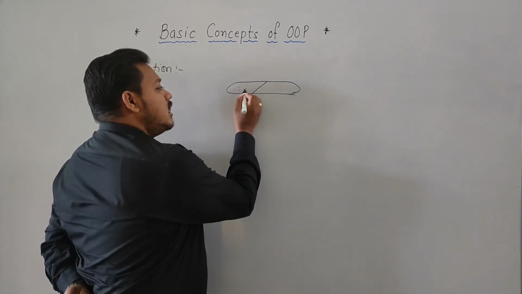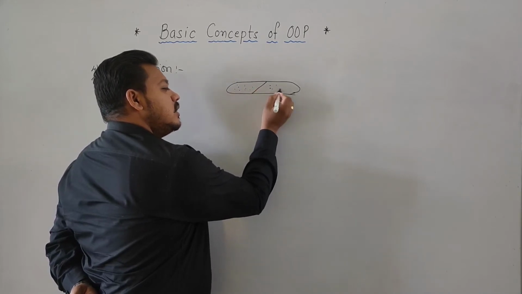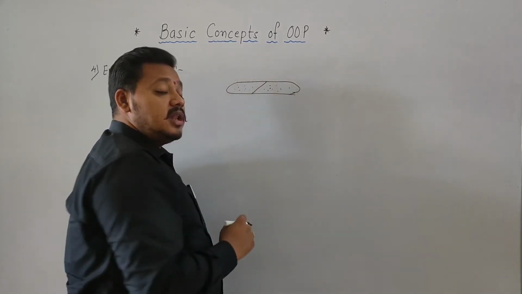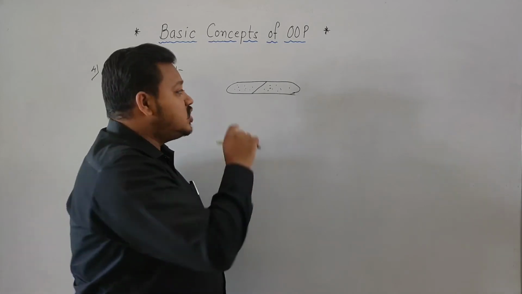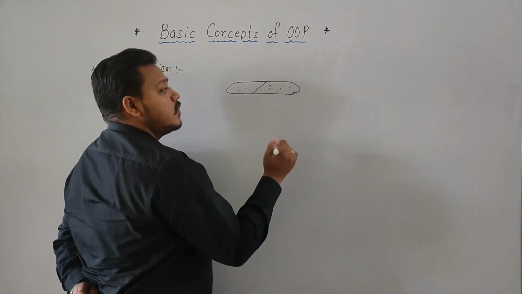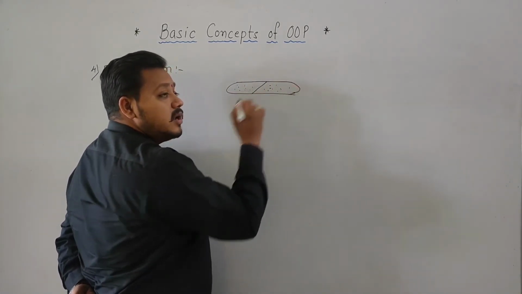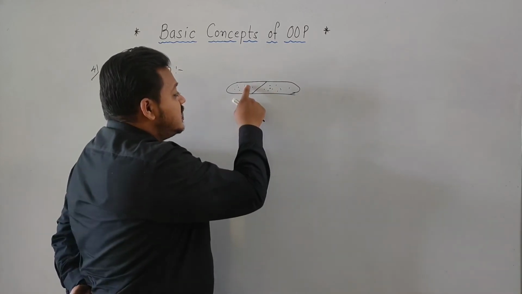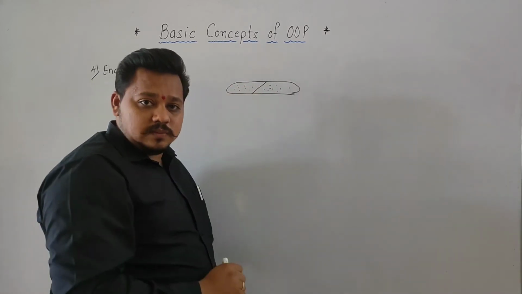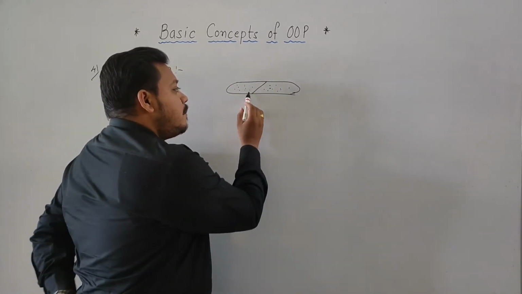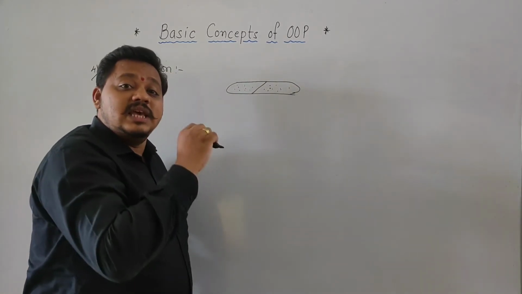In this capsule, there is some chemical material which is wrapped, enclosed in a covering. This outer part is the covering, and this is the medicinal compound. This compound is hidden.